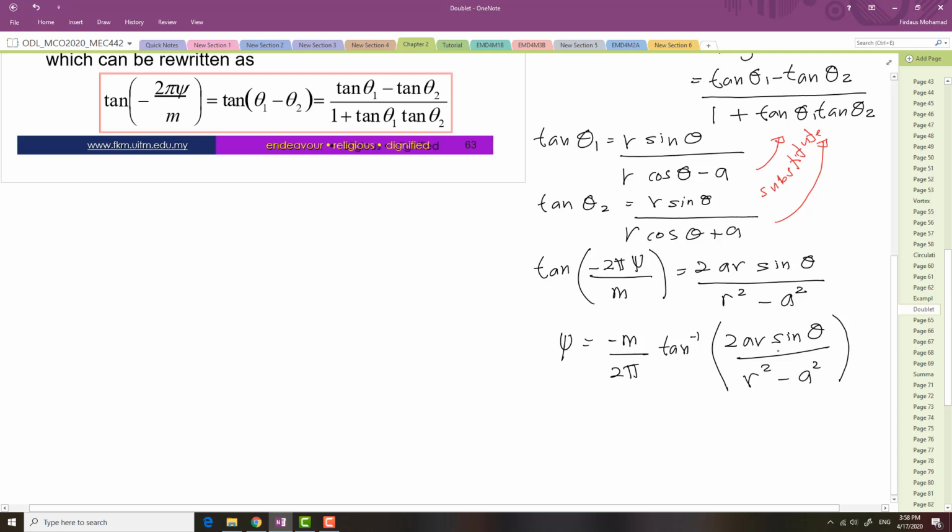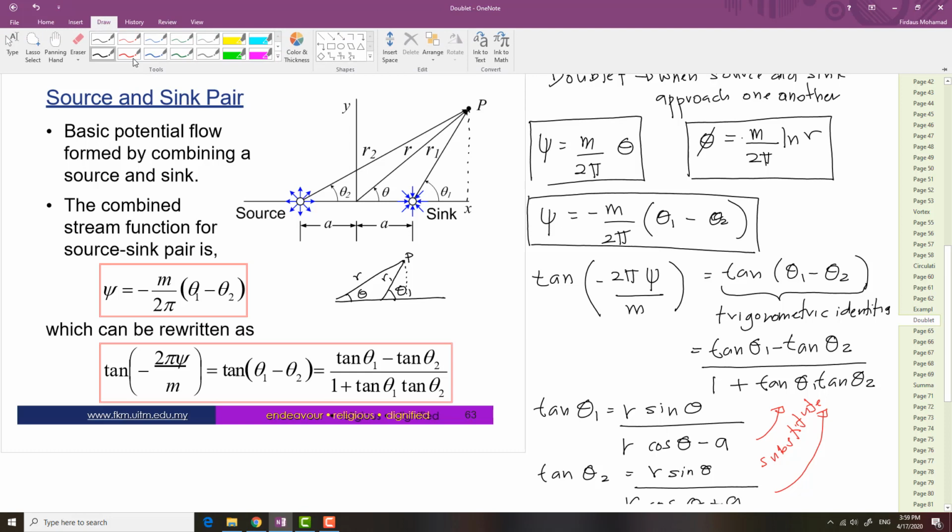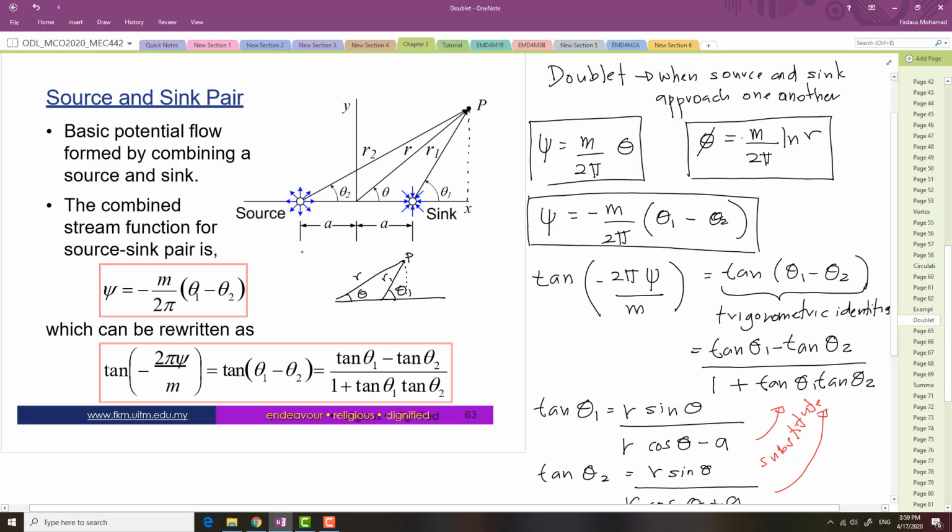the concept of combination of source and sink means that we assume the source and sink approach one another. So for example, when source and sink approach one another, the source will move in this direction, and then the sink will move in this direction. So A, the distance between source and sink, can be assumed very small, so it can be 0.